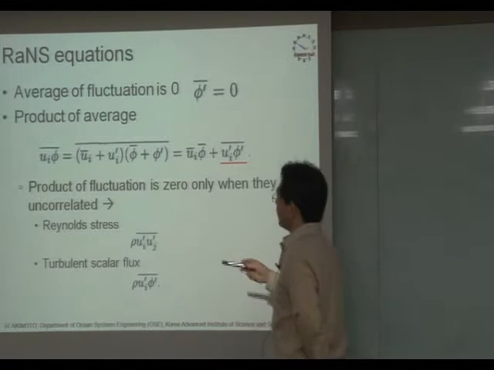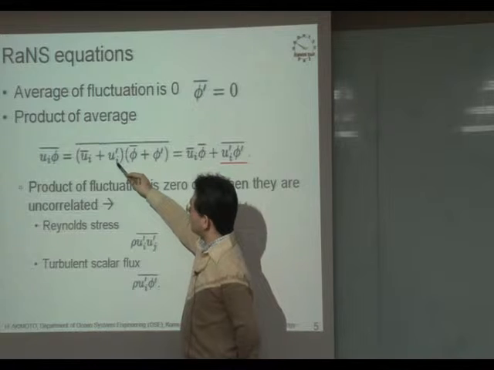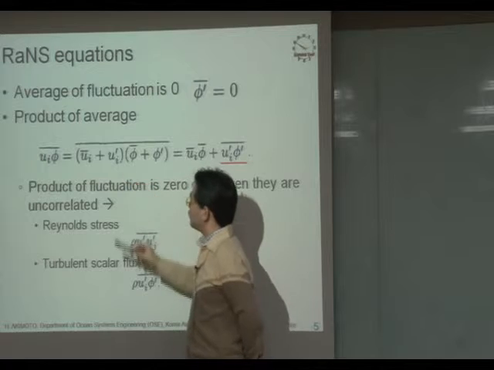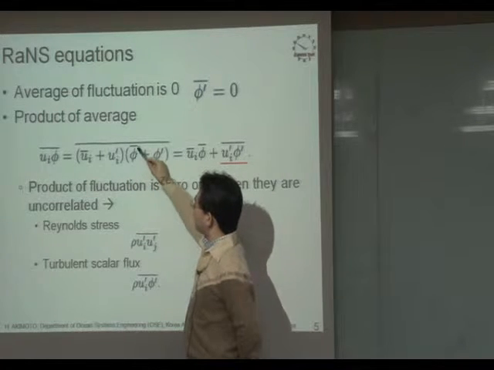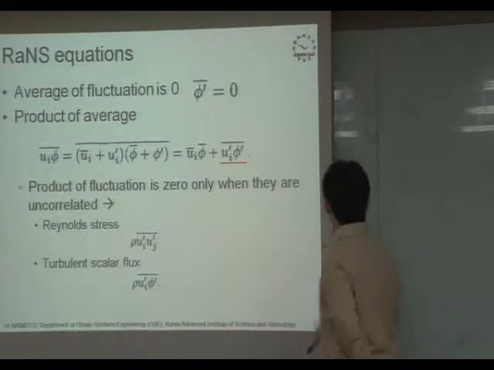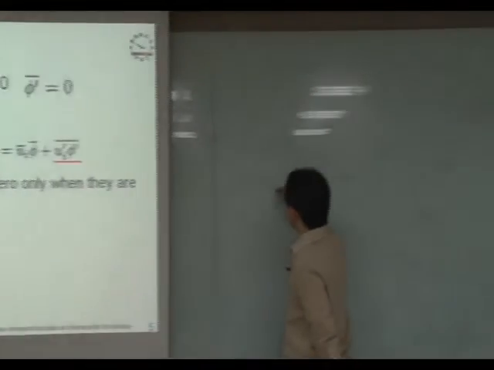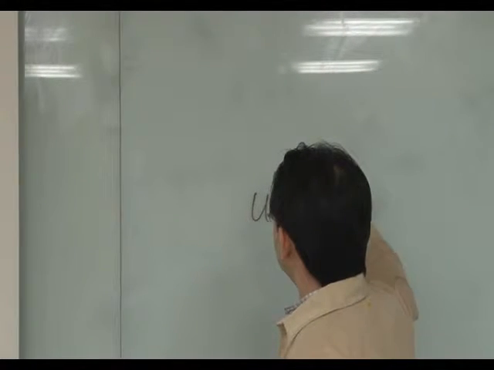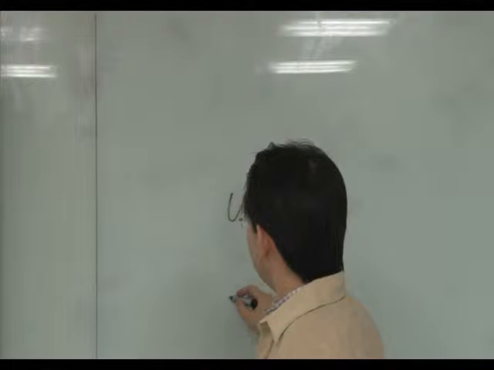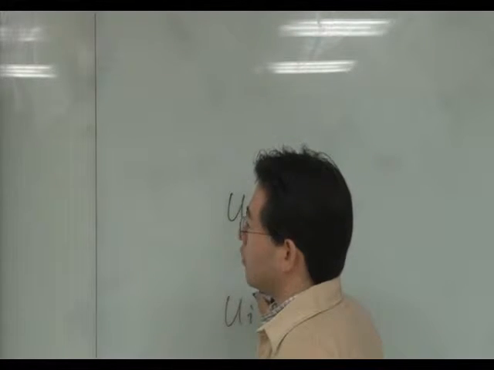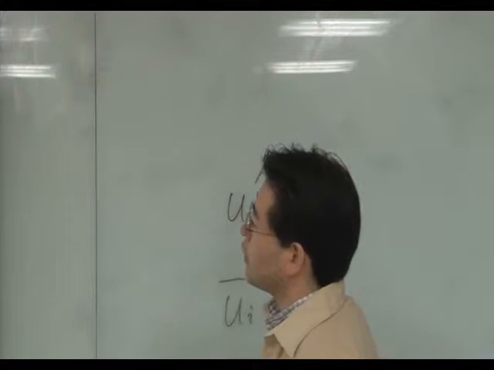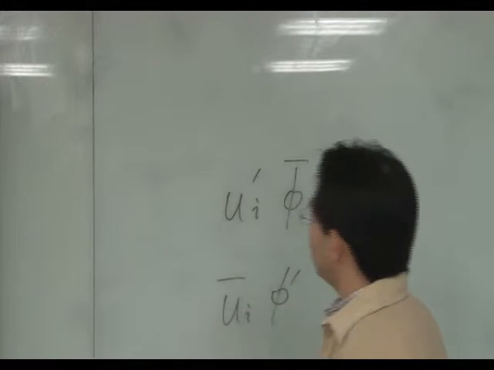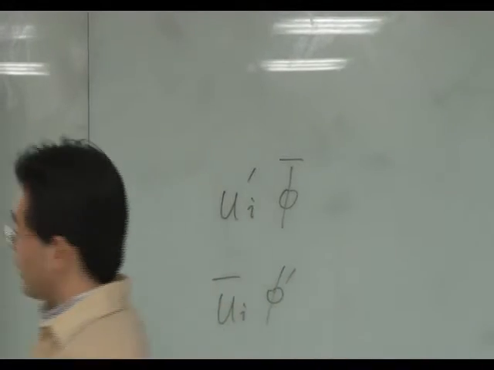But the average of u_i prime times phi bar will be 0, and also u_i bar times phi prime.